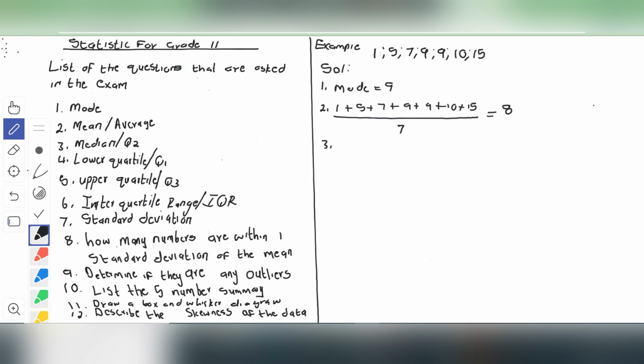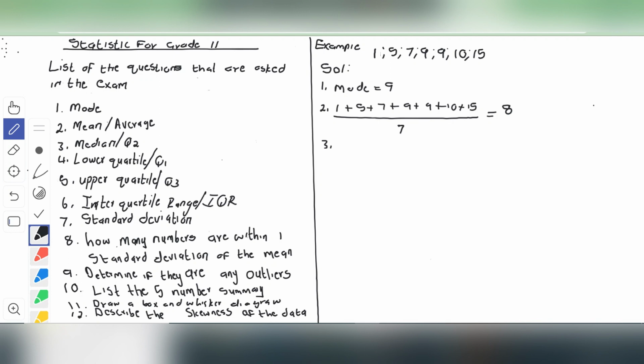Number 3. The question will say determine the median or determine Q2. Whenever they talk about Q2, it refers to the median. Don't be confused whenever the examiner says determine Q2. Just know that they want you to calculate the median.